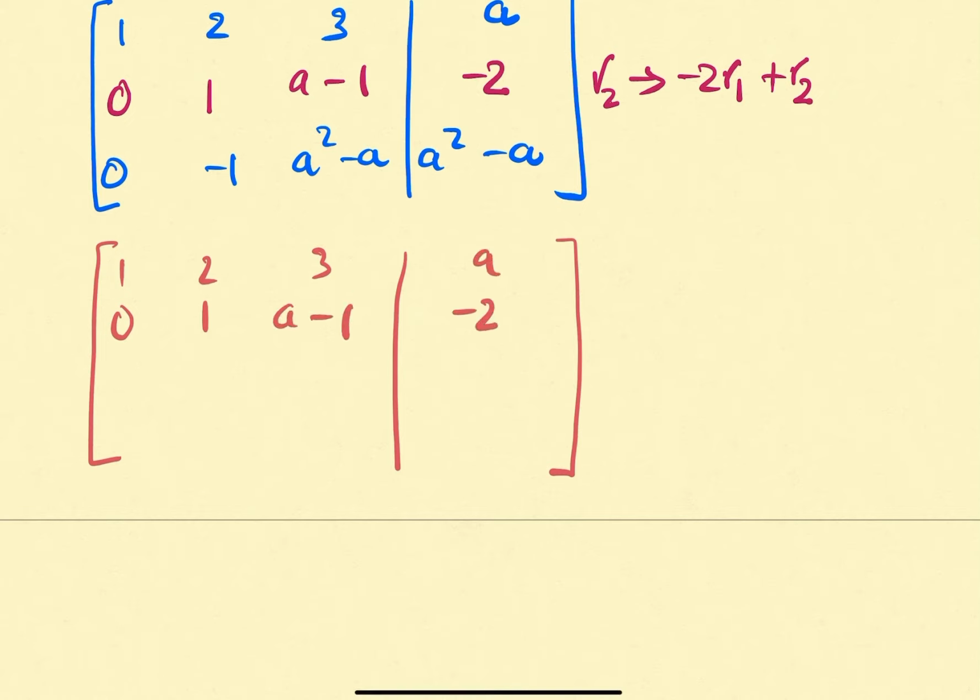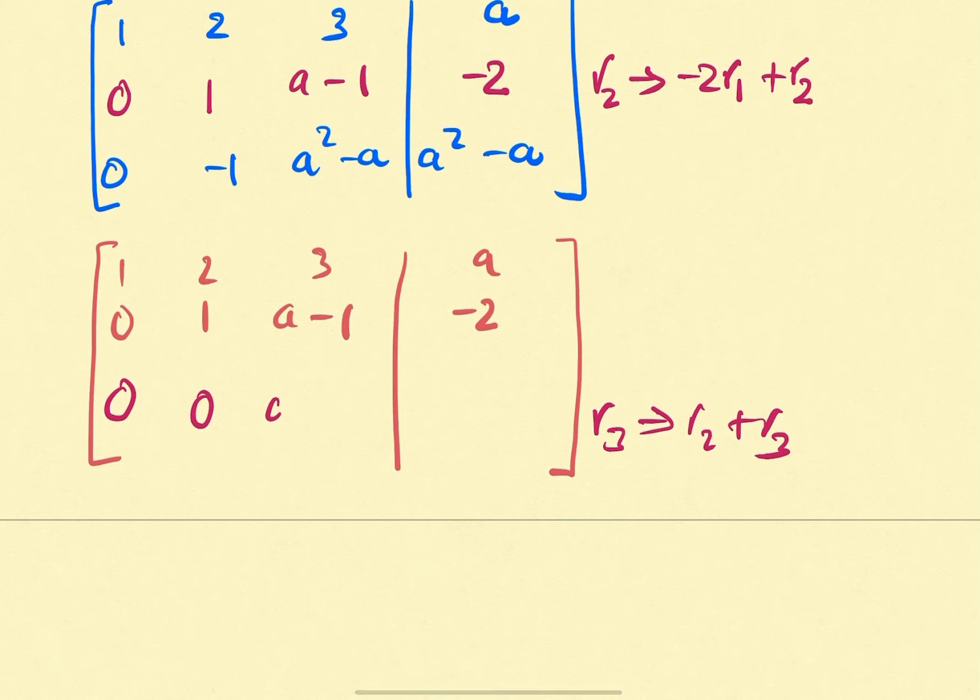I'm just going to operate on the last row. The last row is just going to be the sum of these two rows, and that is R2 plus R3. If you add the last two rows, you get a 0, 0, and the a and the minus a undo each other.